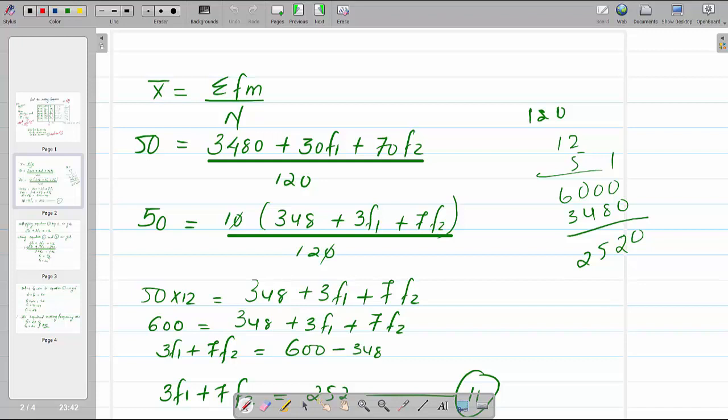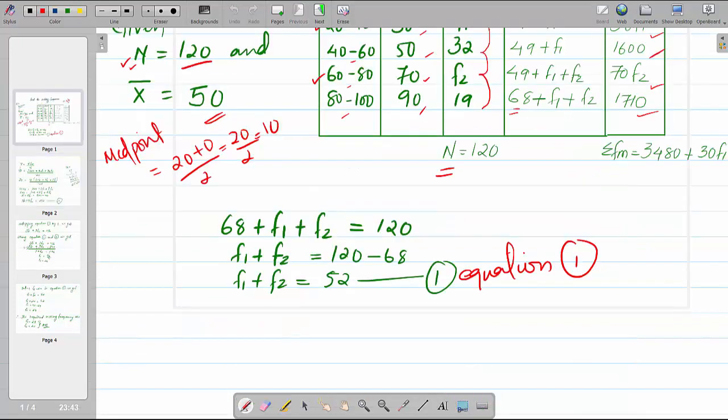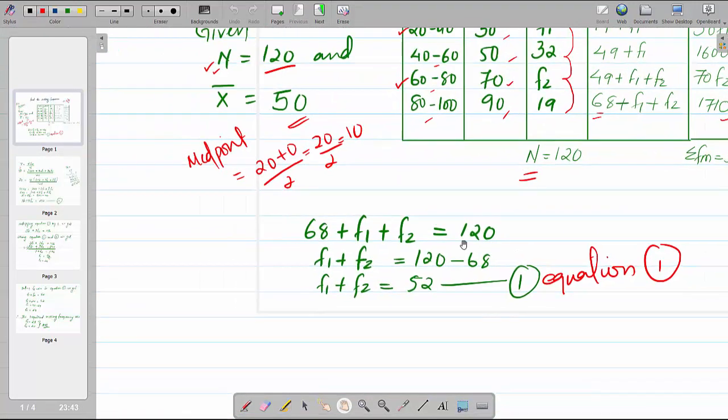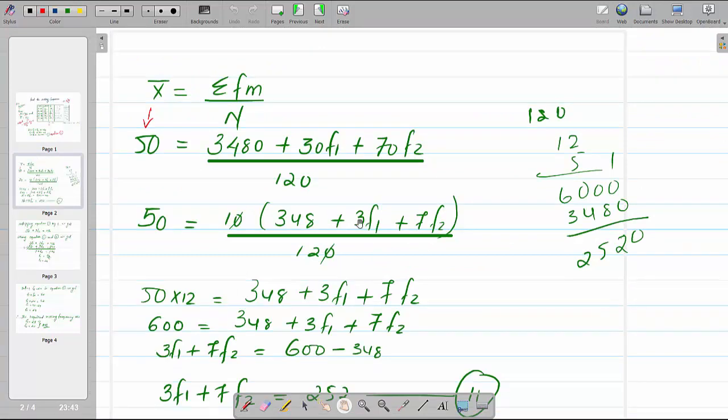So 50 is equal to, we calculated sigma fm, right? So this value you have to put here: 3480 plus 30 F1 plus 70 F2, divided by 120. The N value we know is 120.